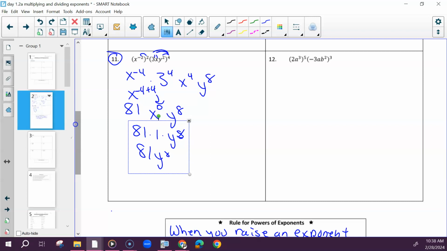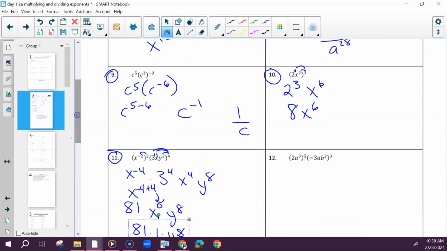Max, on number 10, why do we not multiply the 8 x's? They are being multiplied right now. Why don't we do that? You mean instead of applying the 6 here? Because these are 2 different things. This is the exponent of 1. If it was like this, then we would do that.